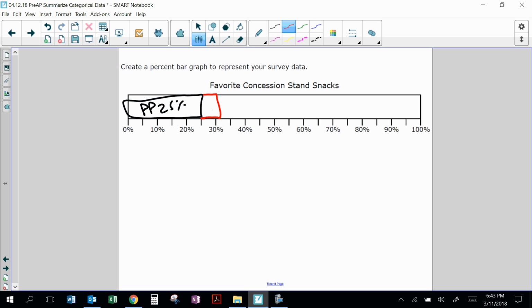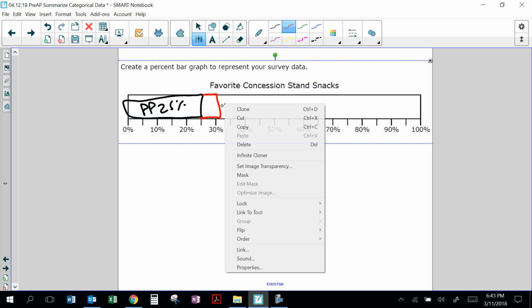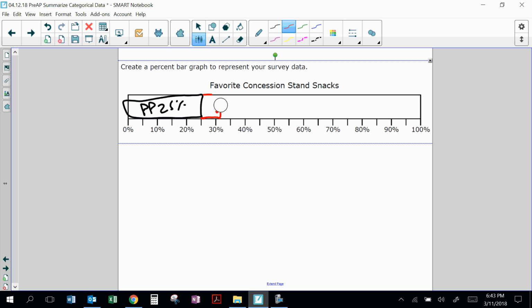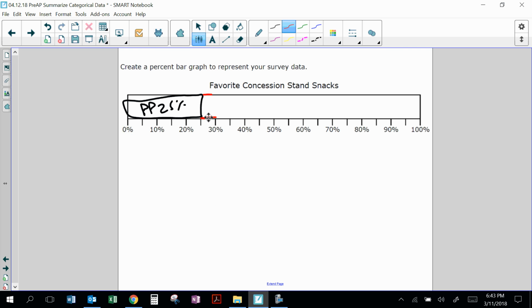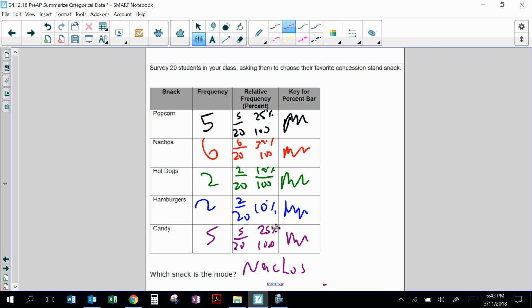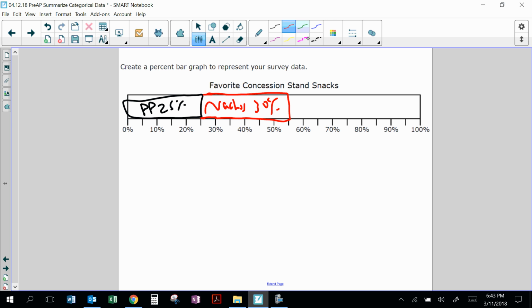So 30%, maybe I should use a better word: 30% more chose, what was it again? Let's go back again. It was nachos. So 25 plus 30 more is 55. All of this is nachos, which is 30%. 10% chose hot dog.